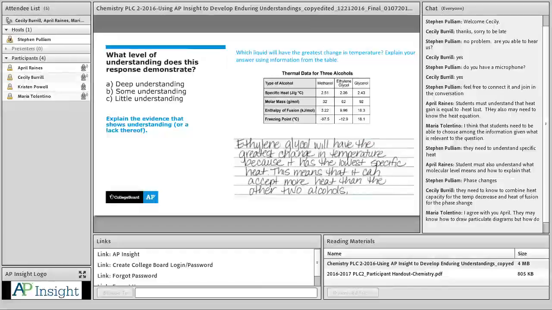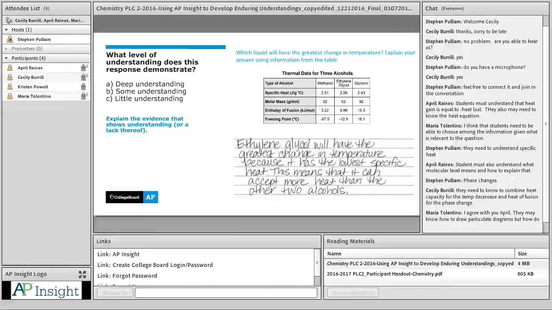It would be more acceptable to just stop after the first sentence. After the student wrote the second sentence, he or she demonstrated that their understanding of specific heat is not that clear. I think perhaps there's some understanding here, but that second sentence is maybe not the best. Maybe shoots himself in the foot a little bit here.